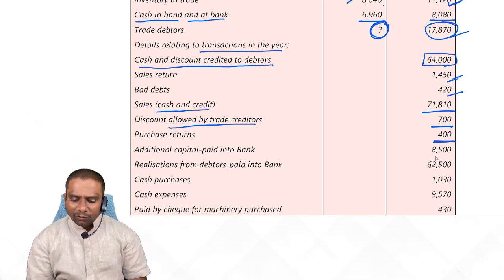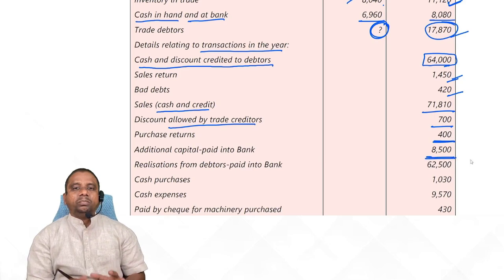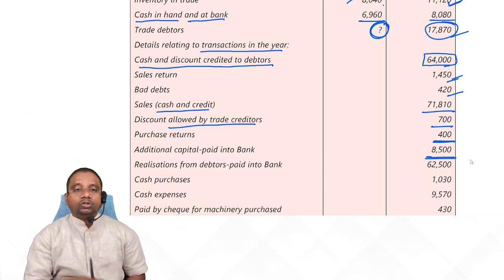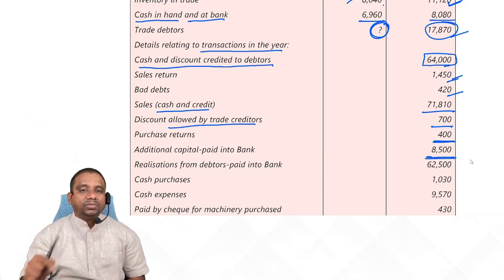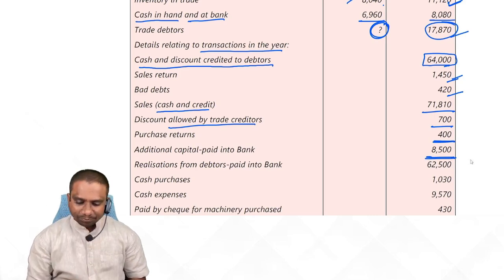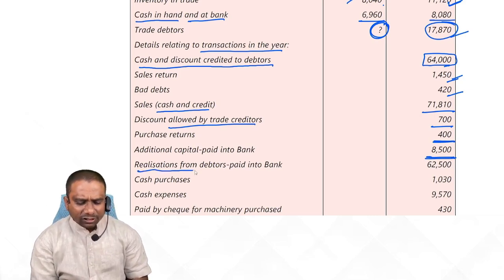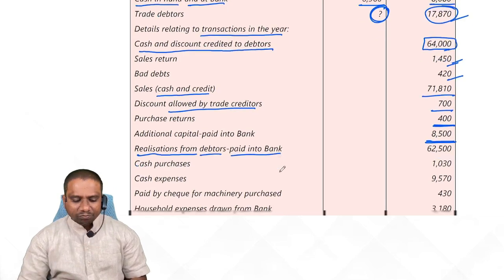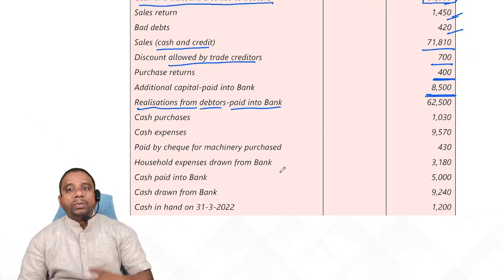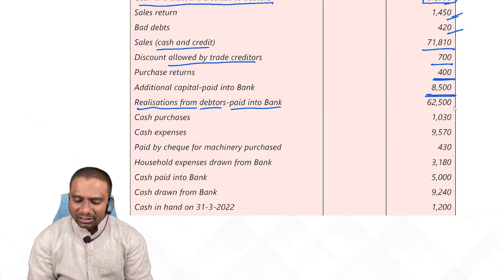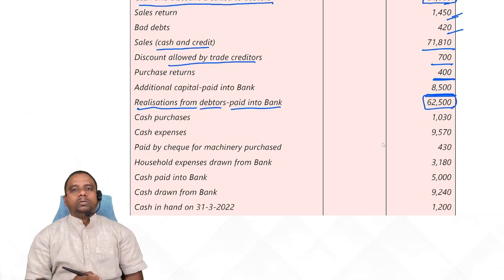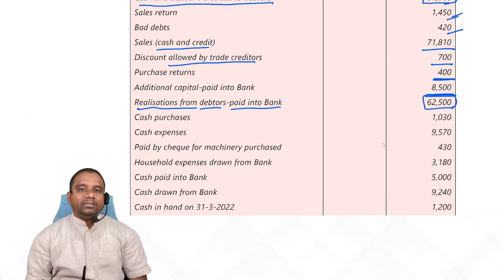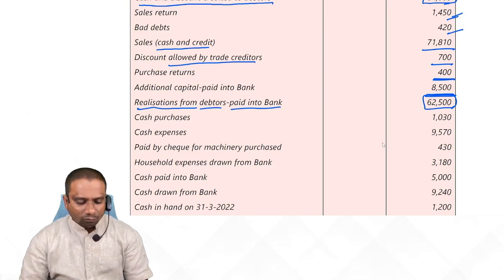Additional capital paid into bank. So closing balance sheet add to capital amount. Next, realizations from debtors paid into bank. We have paid 62,500 rupees into bank. So debtor account credit side by bank 62,500.